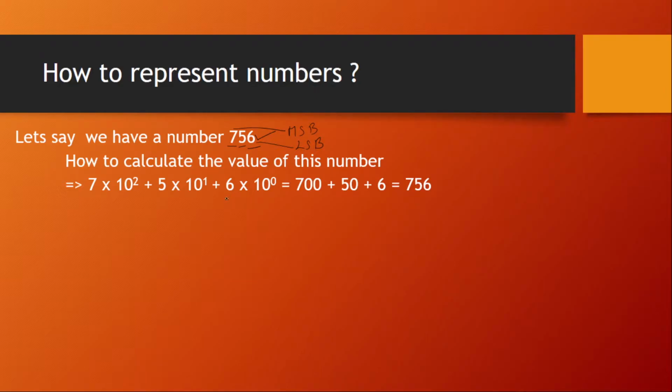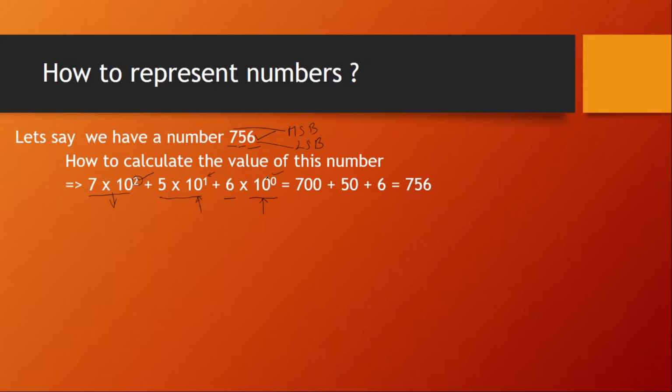You take the least significant bit, multiply that with the base of that number system raised to the power 0. Then you add that with the next bit, multiplied with the same base, but this time raised to the power 1. And again, the third bit, which is the last bit according to this example, which is 7, into 10, that is the base, multiplied with the power raised to 2 here.